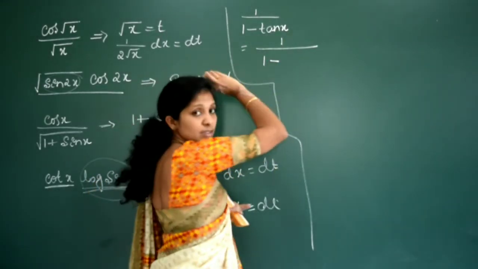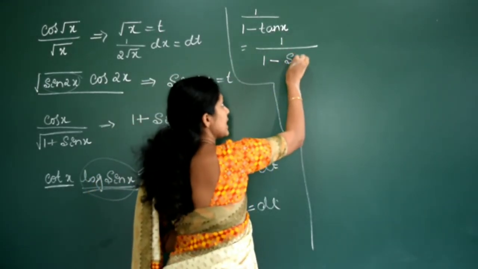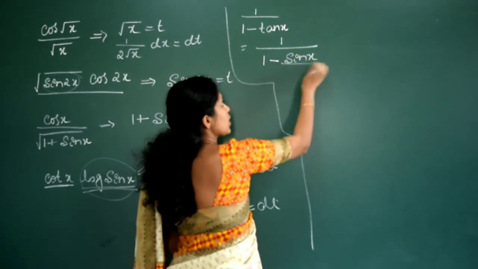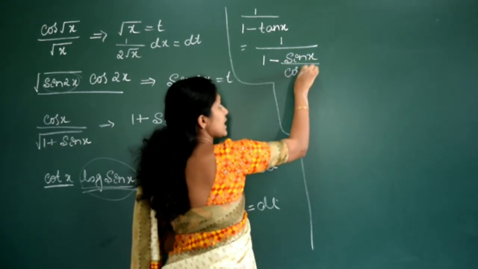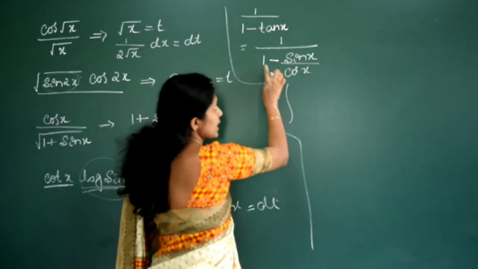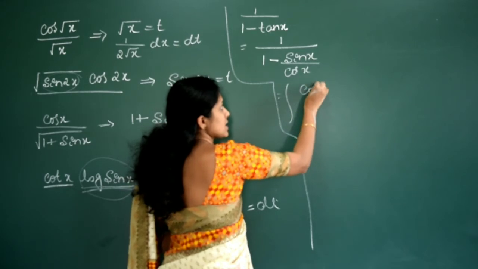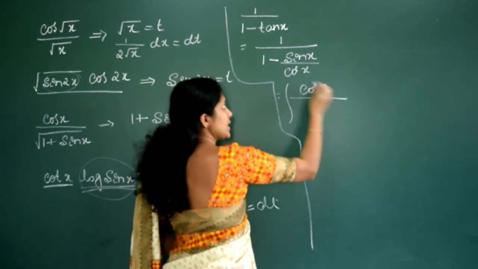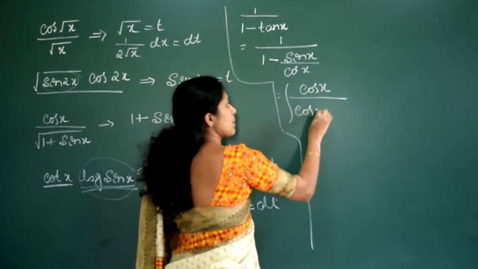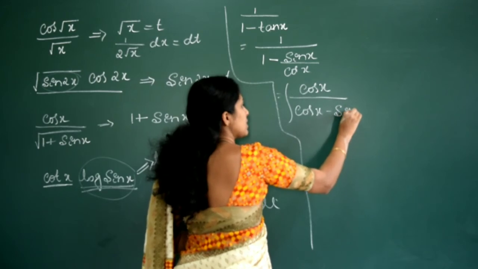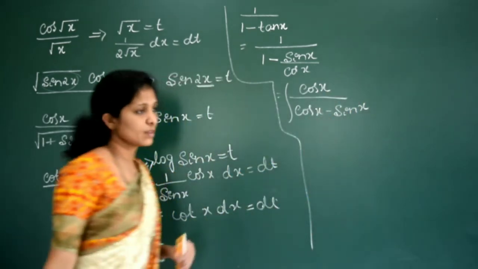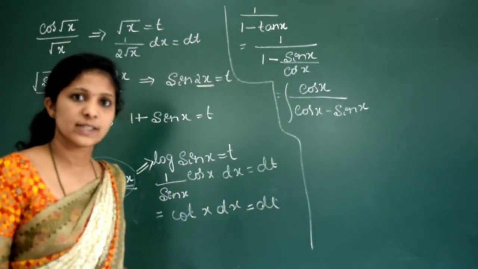1 minus tan x can be written as 1 minus sin x divided by cos x, right? Take the LCM. If you take the LCM, here cos x will be there. So when it goes up, this is cos x divided by cos x minus sin x. In the previous session, what did we do here? Cos x divided by cos x minus sin x.